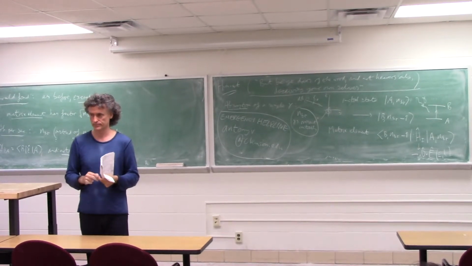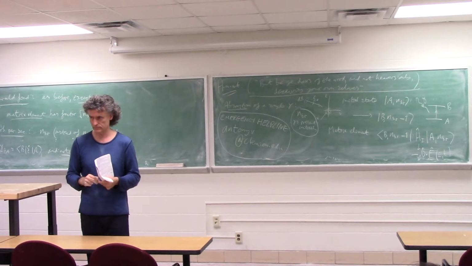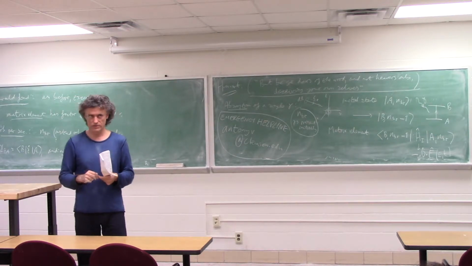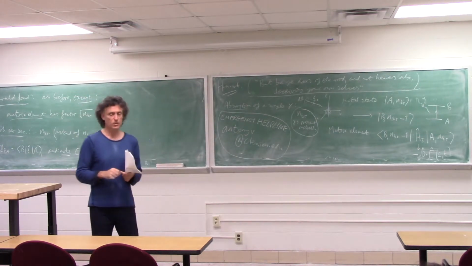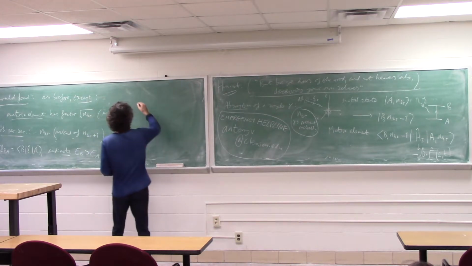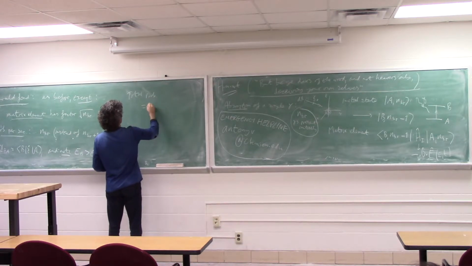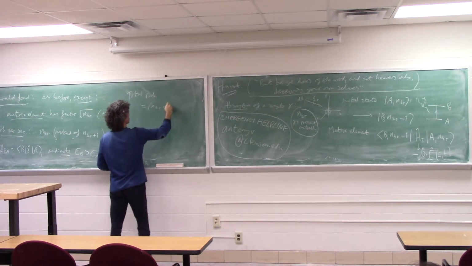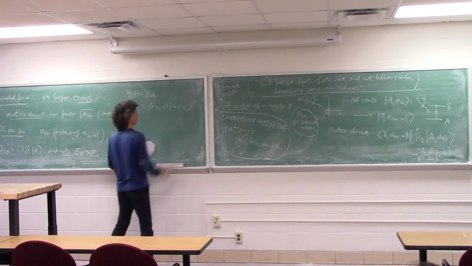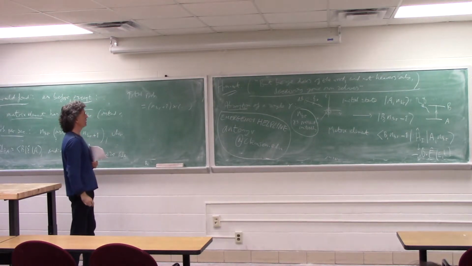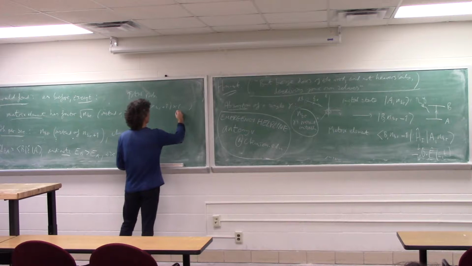So if we multiply nkr plus 1 with the transition probability that we find for spontaneous emission, will it give us the stimulated emission probability? The total probability is equal to nkr plus 1 times something.